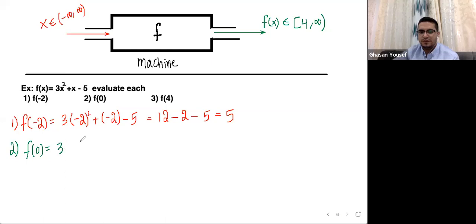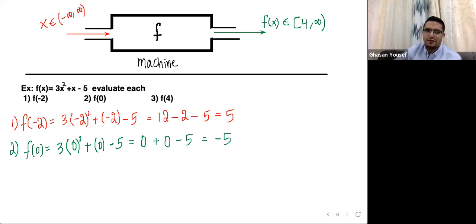It is 3 times 0 squared plus 0 minus 5. So 0 squared is 0. 3 times 0 is 0. Plus we have 0 here, minus 5. 0 plus 0 is 0, minus 5 is minus 5. This is correct, Laila. We have minus 5. For the last one, f of 4.